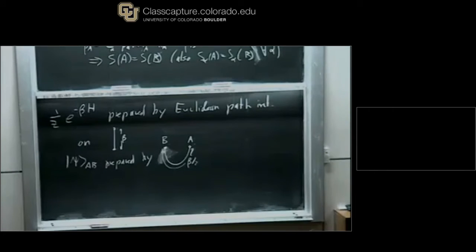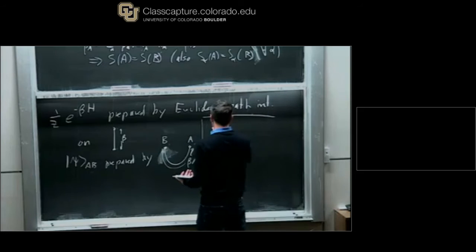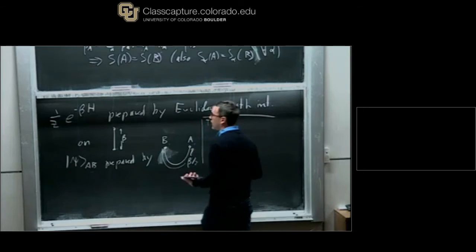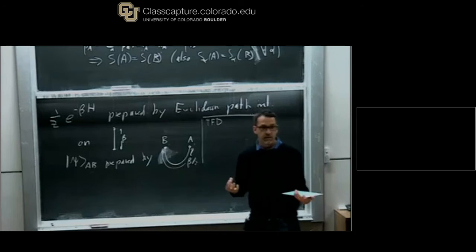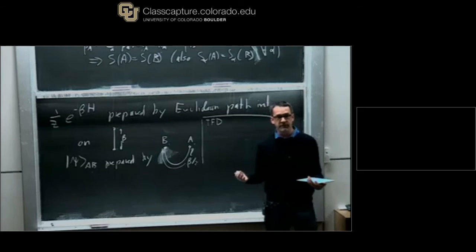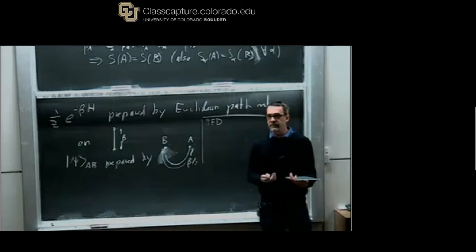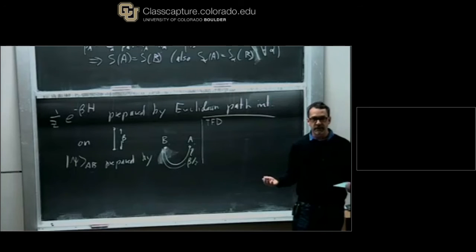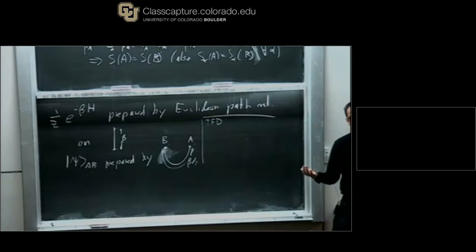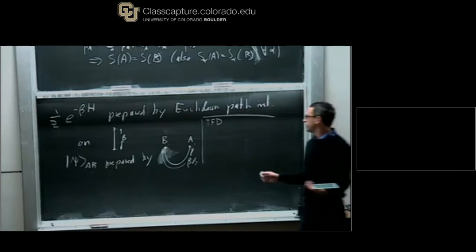And let me say one other thing as a teaser for holography. A thermal state in holography at sufficiently high temperature is represented by a black hole. The thermofield double state is represented by, again, a solution to the Einstein equation that has two boundaries, one for A and one for B. And that solution to the Einstein equation is the double-sided maximally extended black hole.